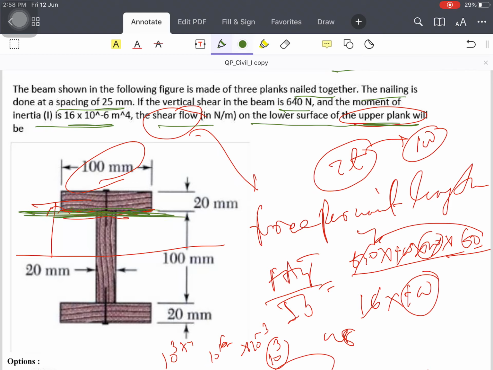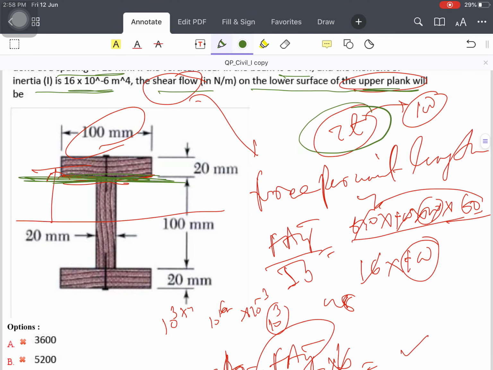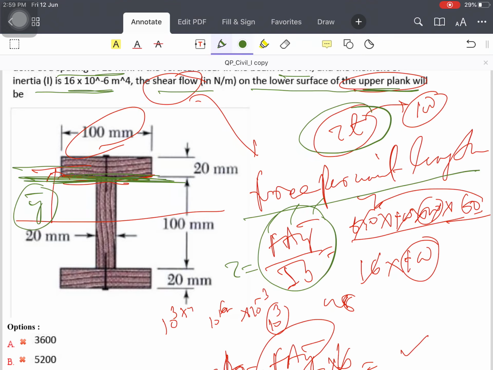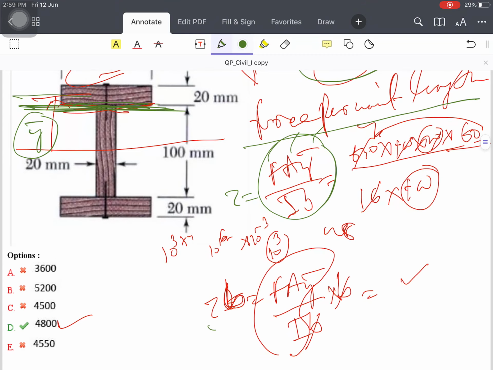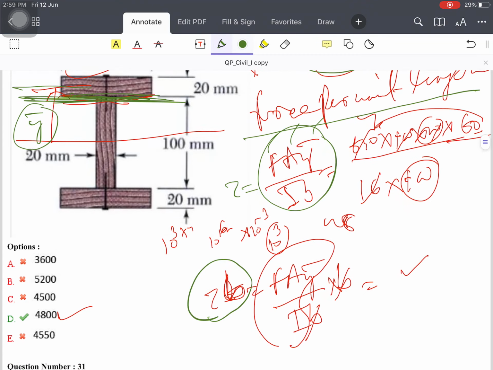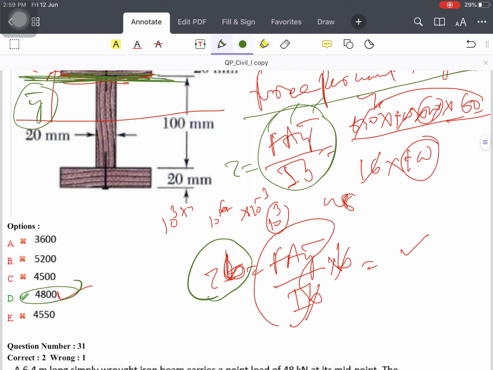Shear flow we know is force per unit length. So tau equals F A y bar by I b. All the values are given, F given, A given, y bar is this. This is y bar. Shear flow will be tau b, b we cancel. By solving this formula, we will find 4800.